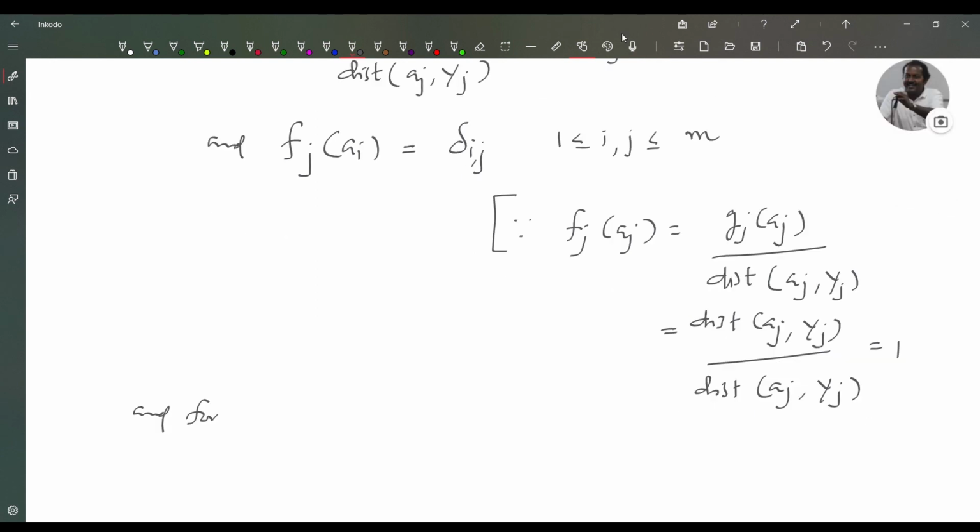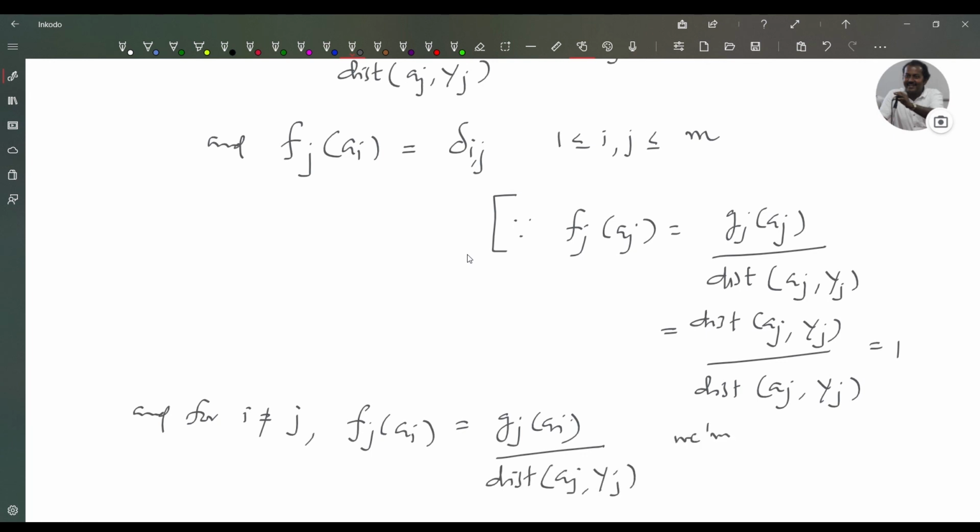And for i not equal to j, fj of ai is equal to gj of ai divided by the distance between aj and Yj. We have ai belongs to Yj, therefore gj of ai is 0. Therefore, this is equal to 0.